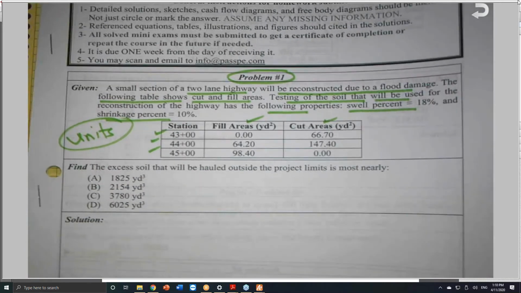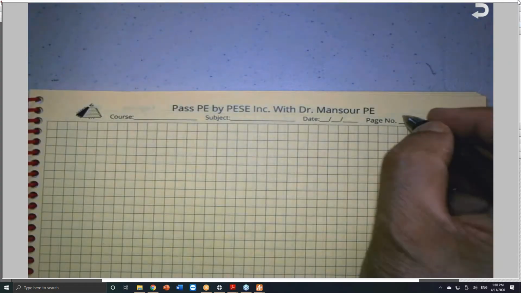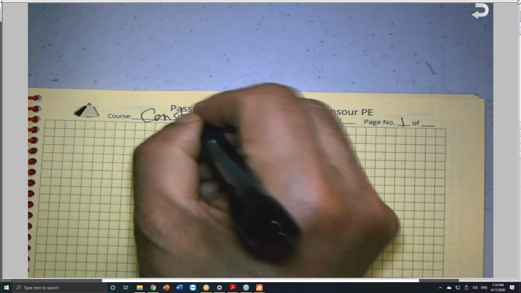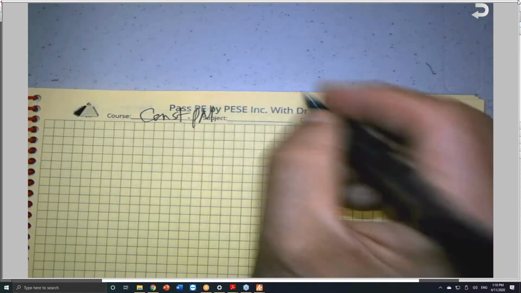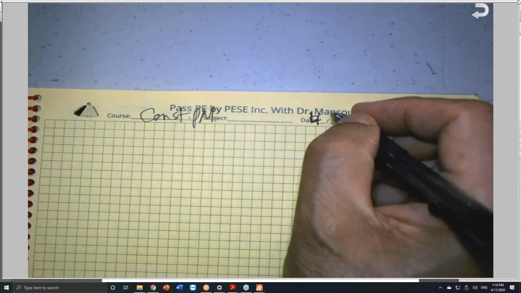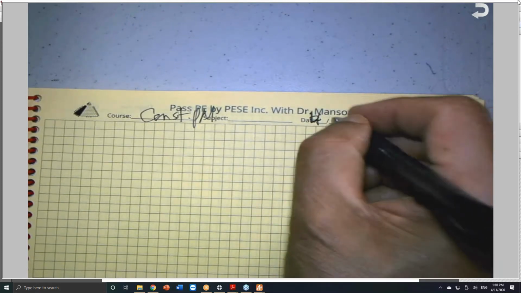And also we need to pay attention to 2 important figures. I call them figures because I put them in my books as figures. So this is 1 and this is construction BM. Today is 4/11/2020.